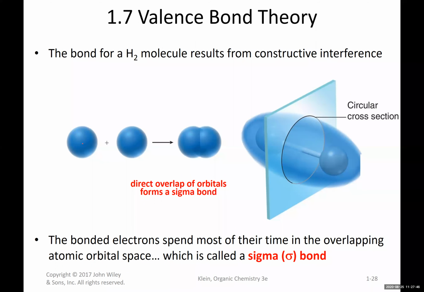The electrons in the hydrogen atoms are in a 1s orbital. You see they're spherically shaped. When they come together and get constructive reinforcement, you get a molecule that looks like this, where the two electrons are spread over the whole molecule.